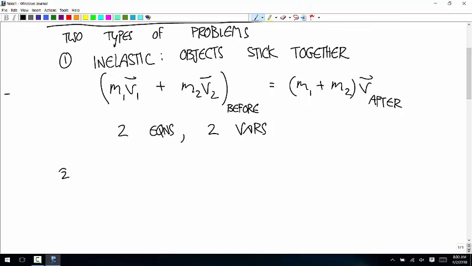The second type is elastic collisions, where the total kinetic energy is conserved.